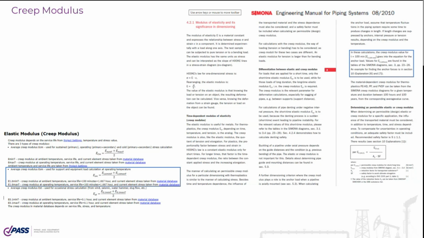So some of the information was taken from this engineering guide of the Simona catalog, and also there are some test examples, and we compared them with StarProf, and it shows a good match between Simona calculations and StarProf calculations. So this is how it requires taking the elastic moduli here.